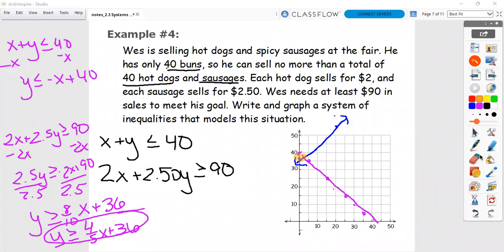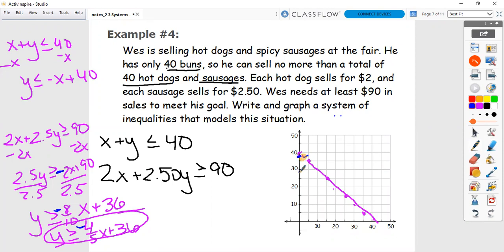And hopefully you picked up on the mistake that I made here when I was graphing this blue line, is the fact that I forgot there was a negative in front of this slope here, because my negative sign came kind of small here. So our slope is actually -4/5. So we start at 36 and then we're going to go down 4.